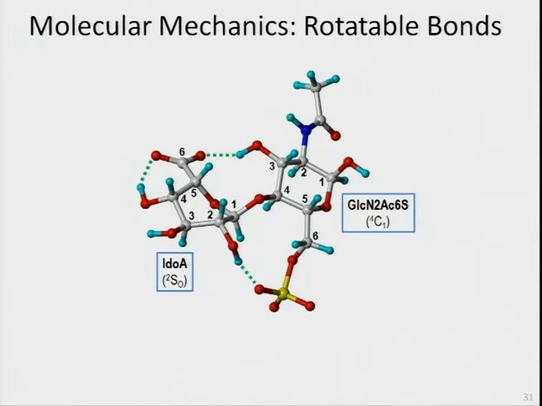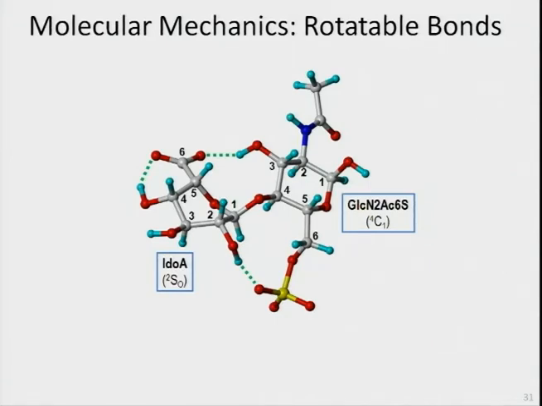And here we have the glucosamine, which is acetylated at the 2 position and sulfated at the 6 position. And this is in a 4C1 conformation. So as you can see, there are intramolecular hydrogen bonds that can be formed that kind of restrict the conformation of the molecule. So let's take a look at what bonds might be rotatable.